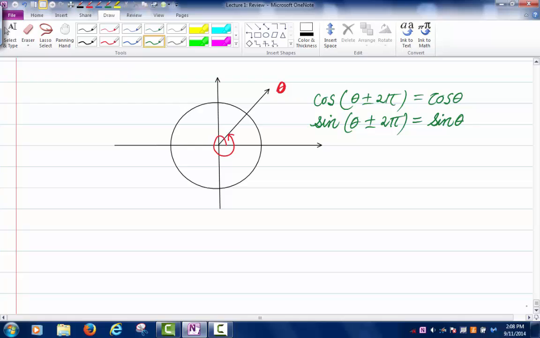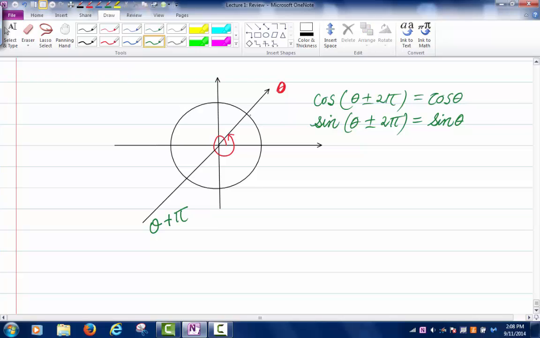How about theta plus pi? See, if I have theta plus pi, what angle do I get? So this is theta plus pi, okay?